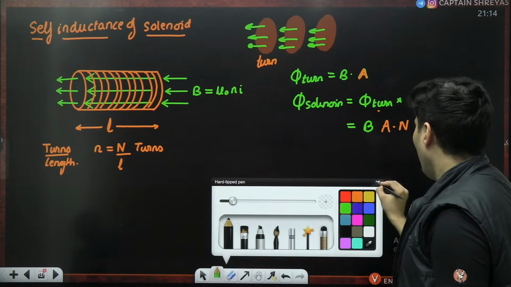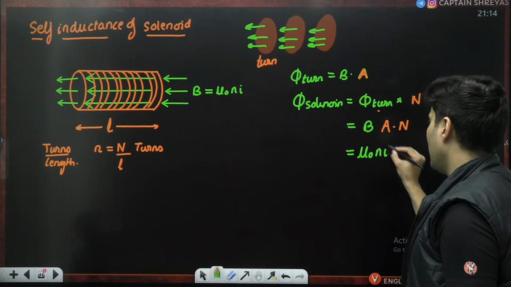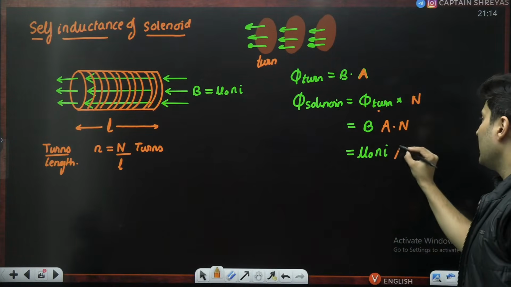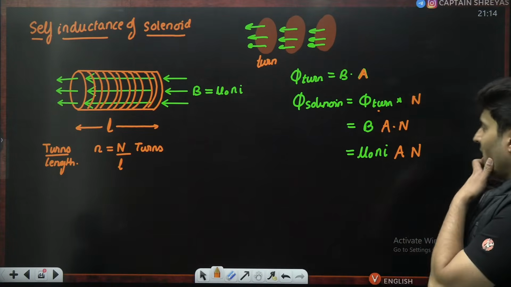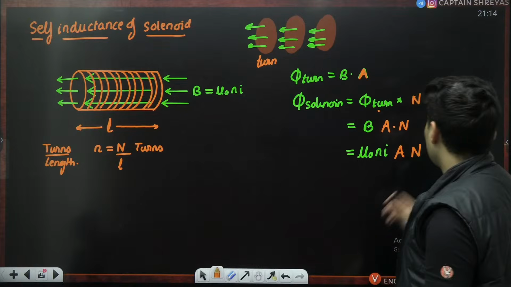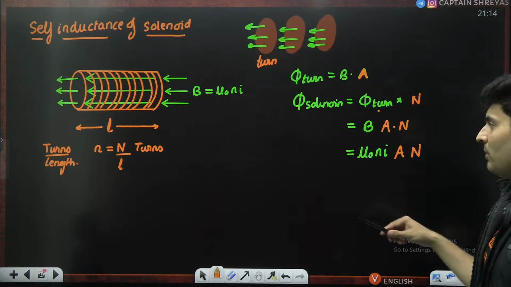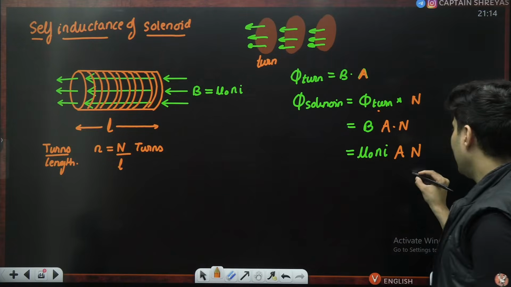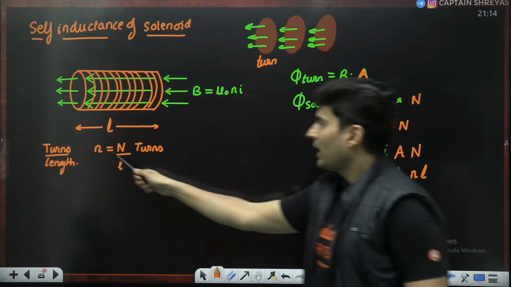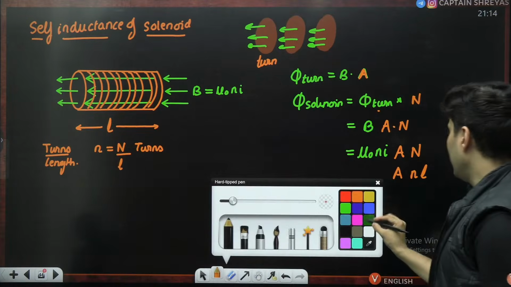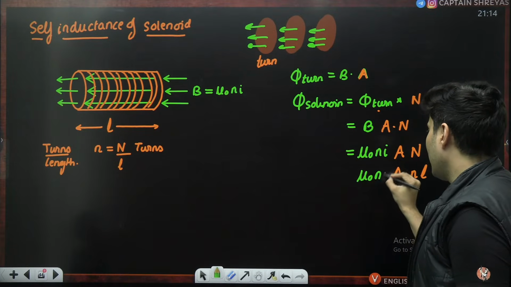But B value I already know, it is mu naught n i. But wait a minute, I can do something with capital N or small n. Small n I can write as capital N by L, or capital N I can write as small n into L, because usually small n is given to me.